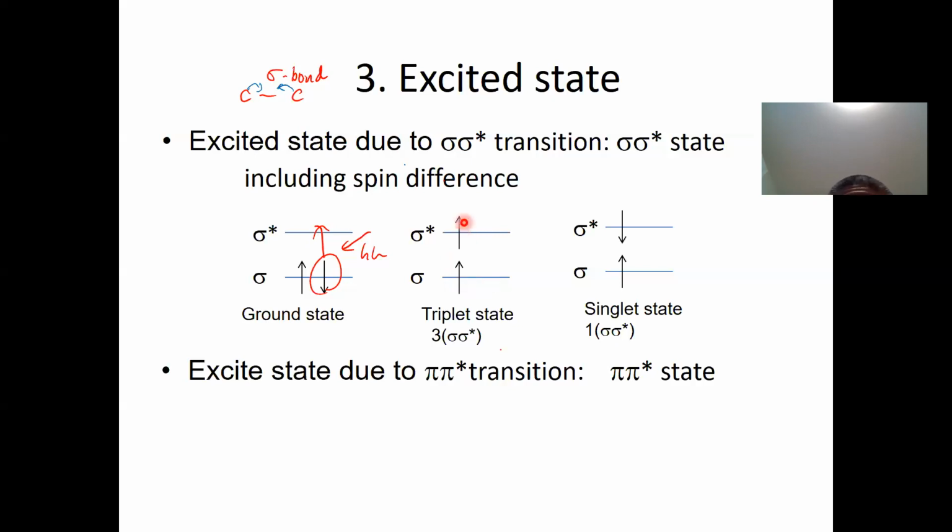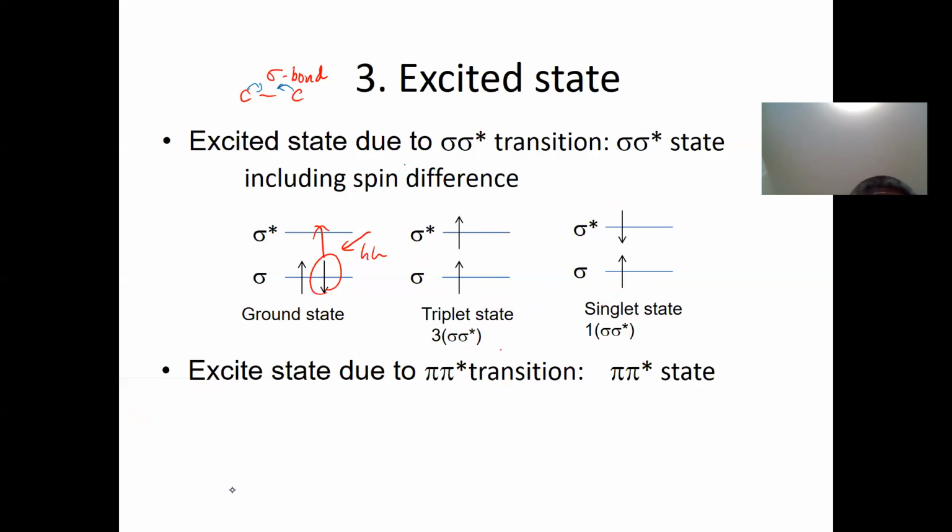In this case, the 2 spins of the electrons are parallel, and on the other hand, these are opposite. The parallel case is called a triplet state. And if these are anti-parallel, with opposite spin, it's called a singlet state. We are coming back to this issue later, but just keep in mind that there are 2 types of excited state.